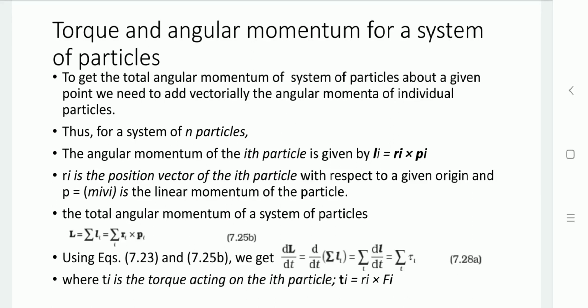And let us differentiate this. dL by dt is d of the summation of Li by dt, equal to dL by dt that gives you the torque. Here the torque acting on the particle, Ti, equal to Ri cross Fi.